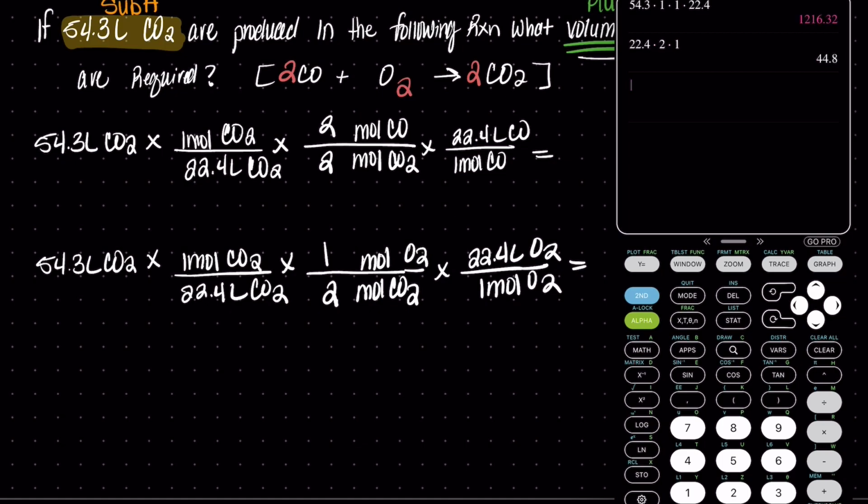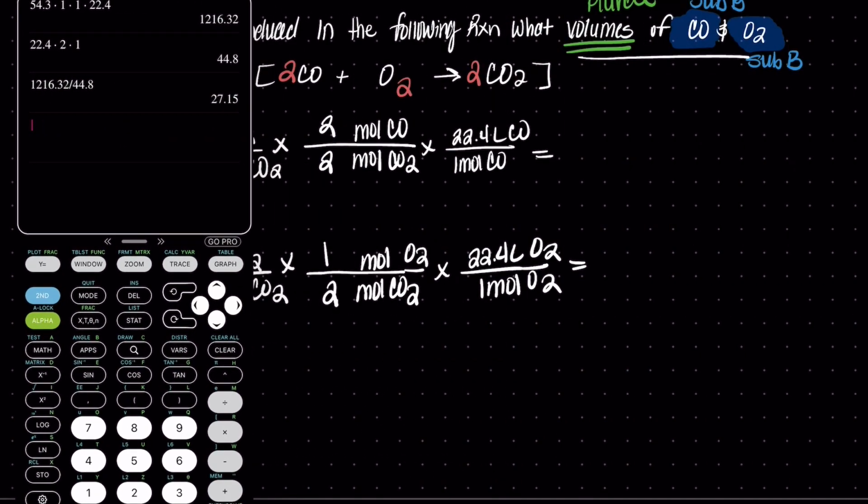Whole top over whole bottom gives me a whopping, 3 sig figs here, excuse me, liters of O2.